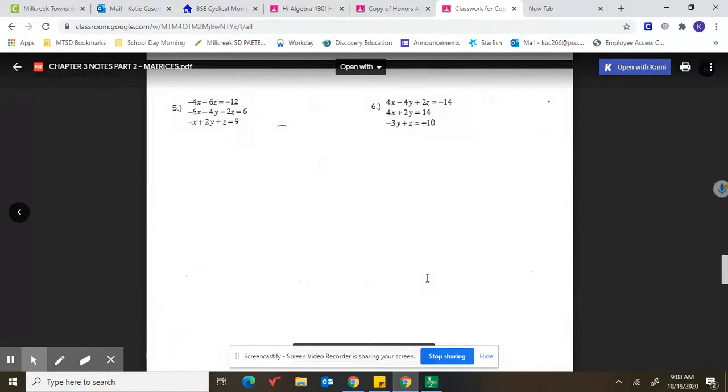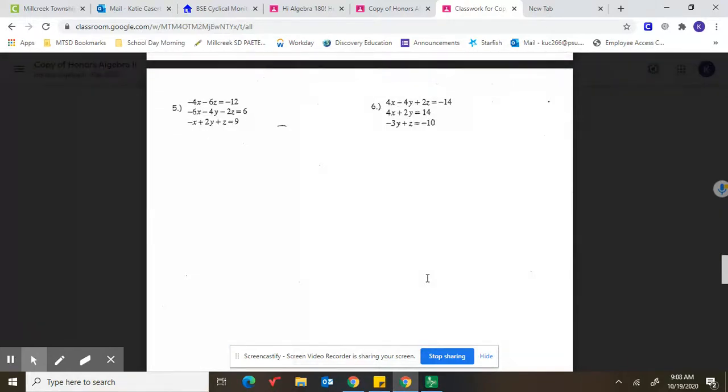Okay, so let me grab a sheet of paper. Let's do a 3x3. All right.